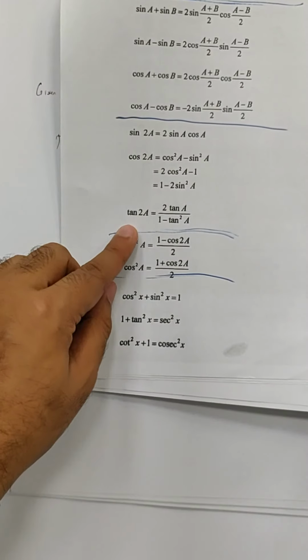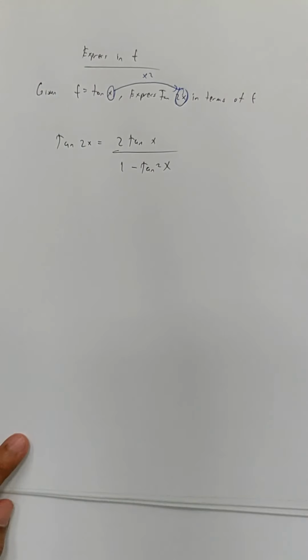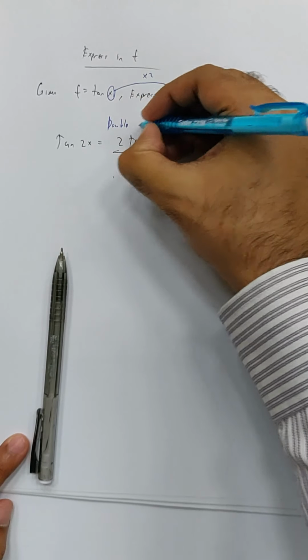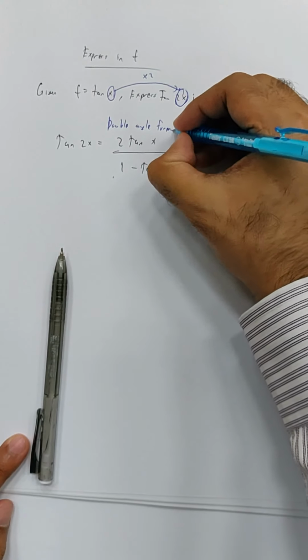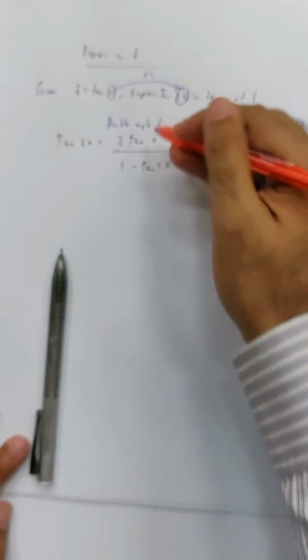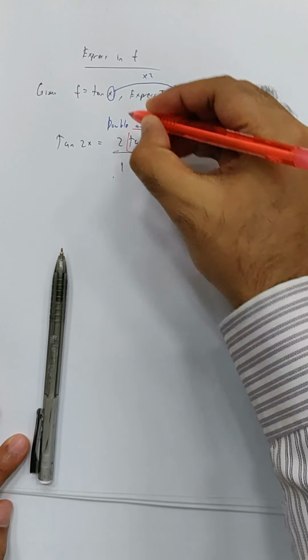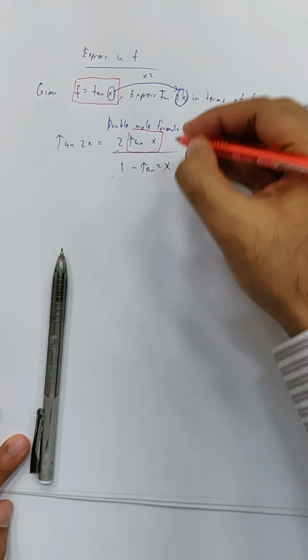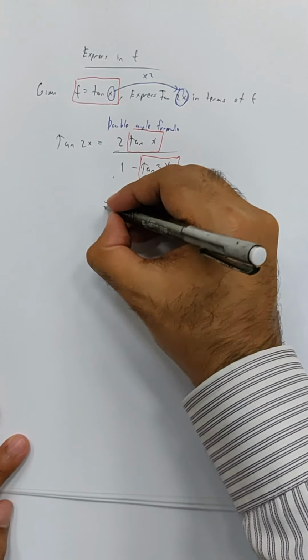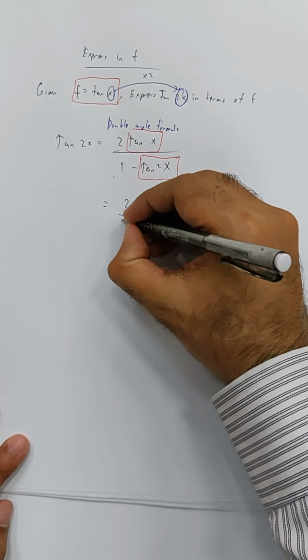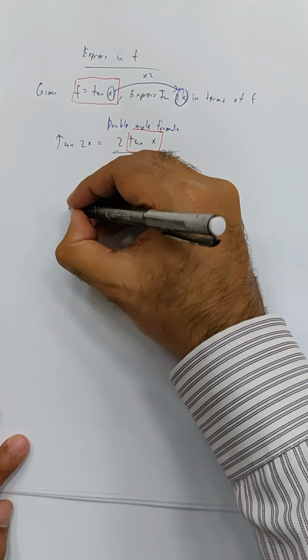Alright, just this one, double angle formula. And substituting our t, our tangent x, we should get ourselves 2t over 1 minus t squared.